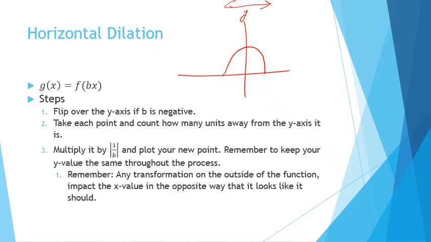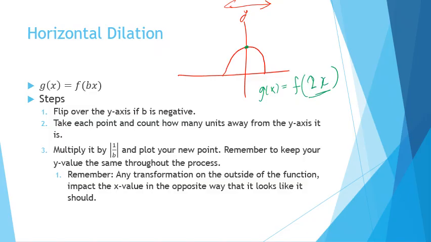So basically what this looks like is, let's say this was f of x, and now you have g of x equals f of, we'll go 2x just to keep it easy. Because it's on the inside, it's not going to stretch it out by a factor of 2. It's actually going to compress it by a factor of 2, or like mush it in 1/2.